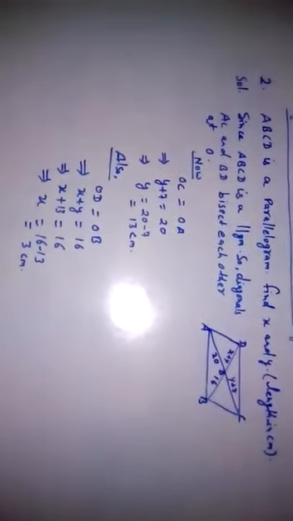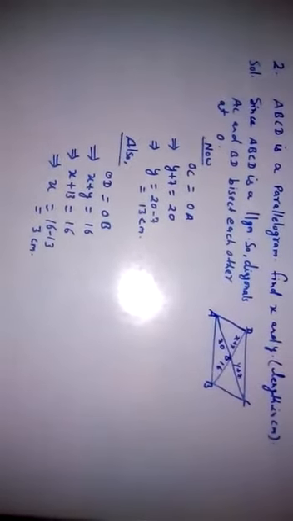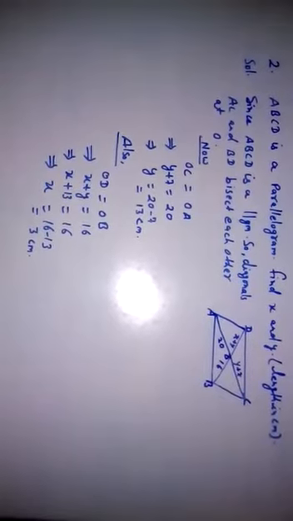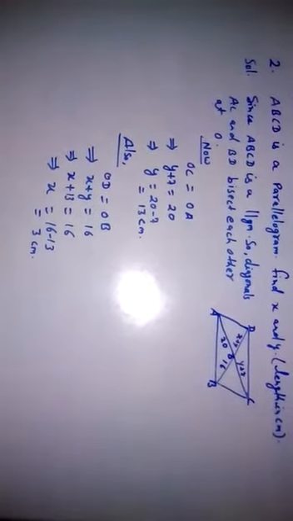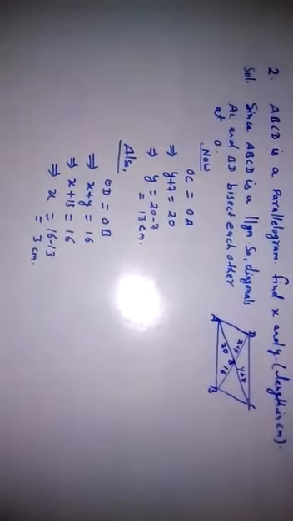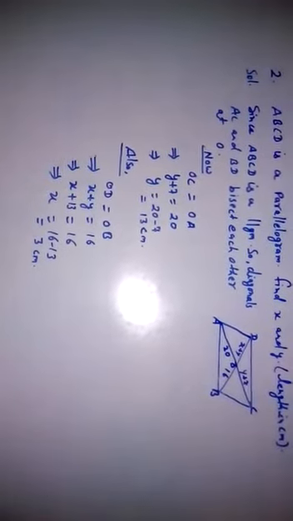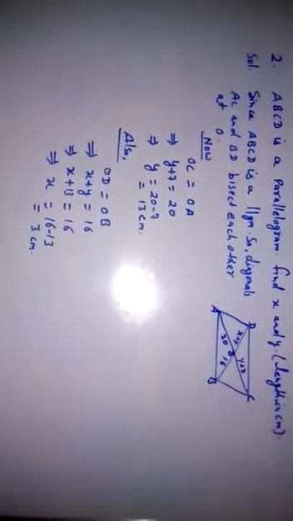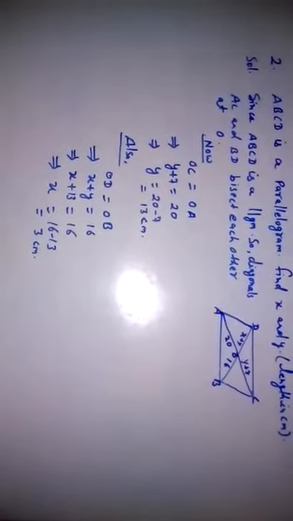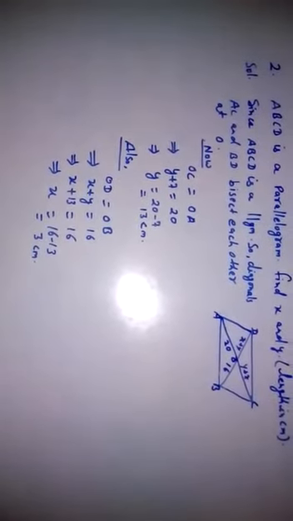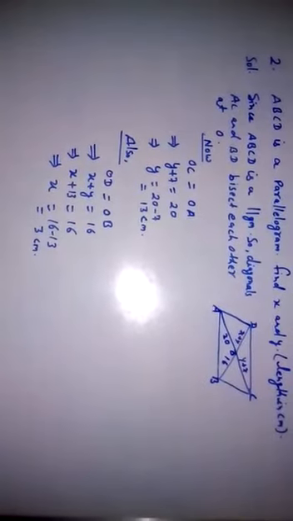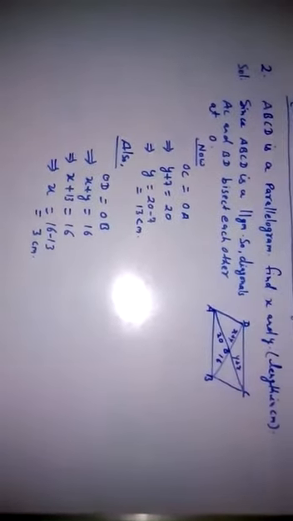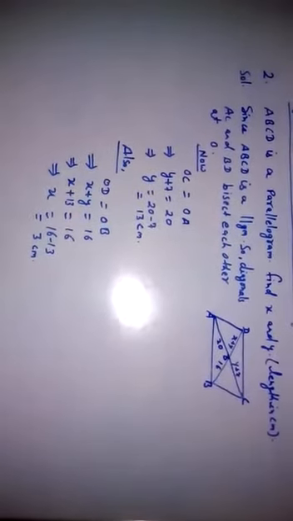since ABCD is a parallelogram, so diagonals AC and BD bisect each other at O. As from the properties of parallelogram, diagonals bisect each other. So diagonal AC and BD bisect each other at O. Now OC equal to OA.